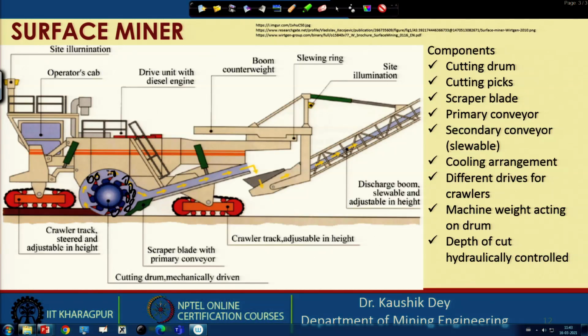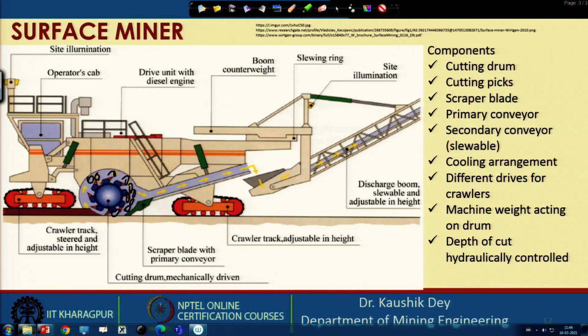Up to this it is a closed surface, and the back side is closed with a scraper plate, and this is the primary conveyor placed at this position. This allows the fragmented material, cut by the cutting drum and cutting picks, to remain in this encased area, which allows further crushing of the material into a smaller size.